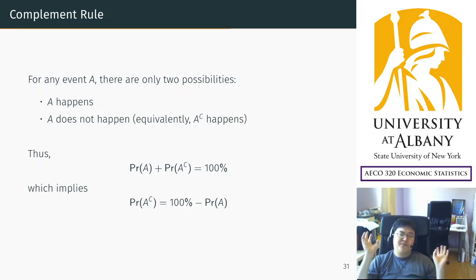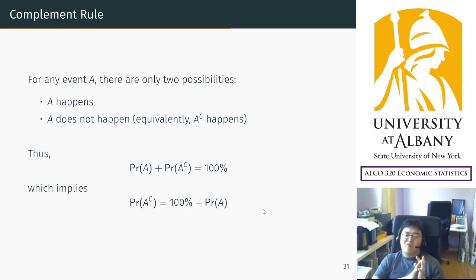The sum has to always be 100%, and that directly implies the probability of A complement equals 100% minus the probability of A. When I write it as a mathematical equation, it does not look that obvious, but when I say it in casual words, it's obvious. The probability that A does not happen is 100% minus the probability A happens.